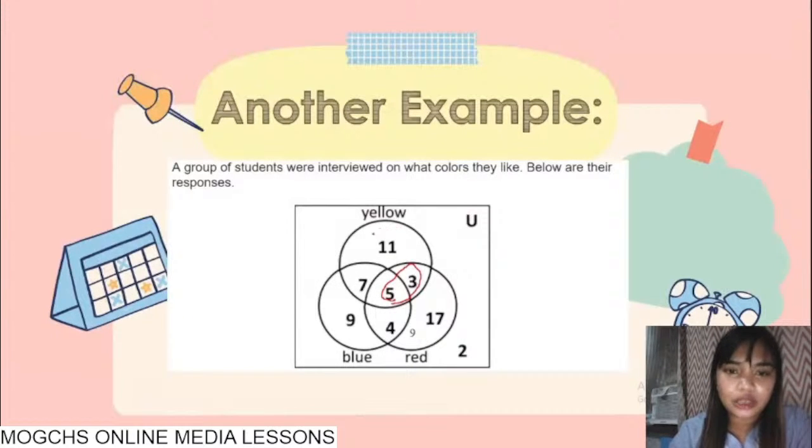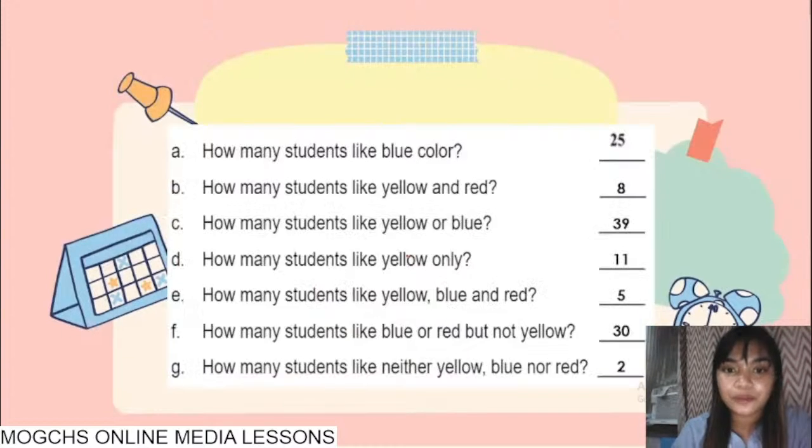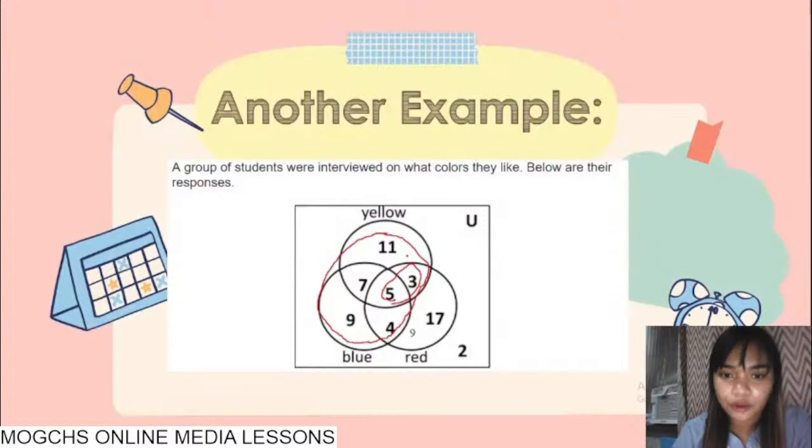Simply count all the numbers that belong to set yellow and set blue. 9 plus 4 is 13, plus 7 is 20, plus 5 is 25, plus 8 is 33, then plus 11 is 39.